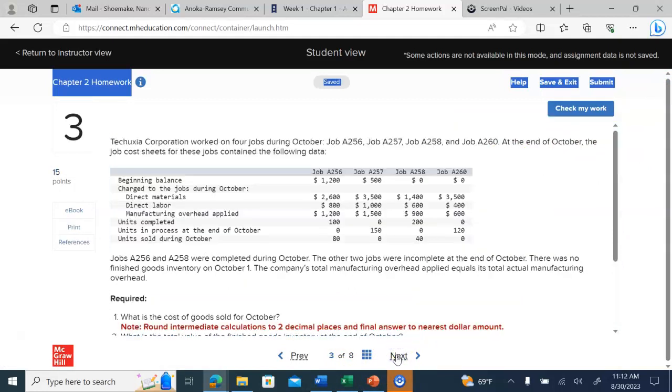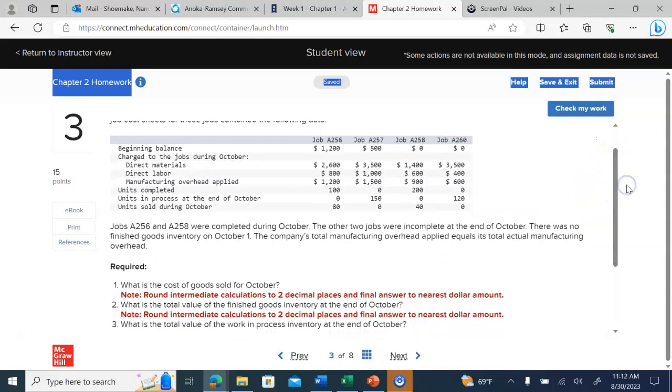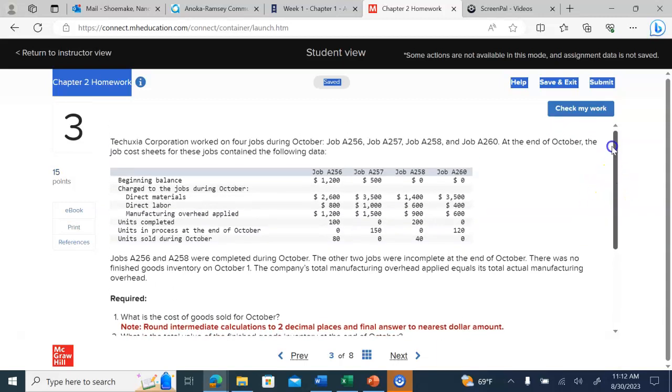Let's try number 3. Tex something corporation worked on 4 jobs during October. Worked on job A 256, job A 257, job 258, and 260.